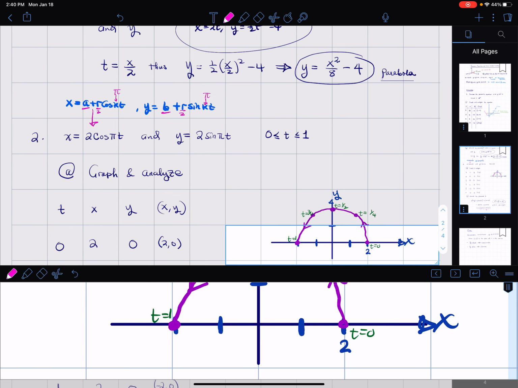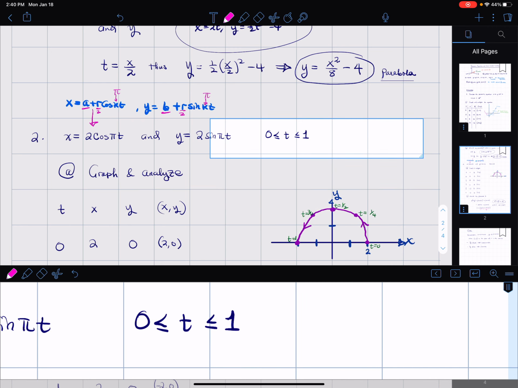But it's a semicircle because the parametric curve just went from 0 to 1. So how much of a circle you get depends on the range of the parameter. If you had gone from 0 to 1/2, you get a quarter circle. Okay.